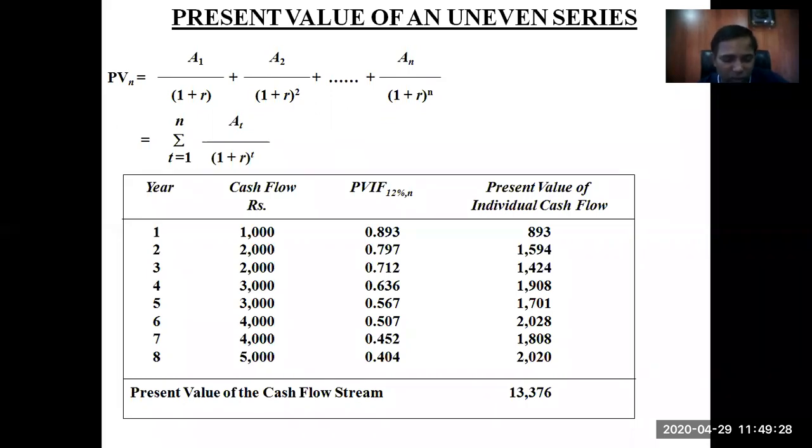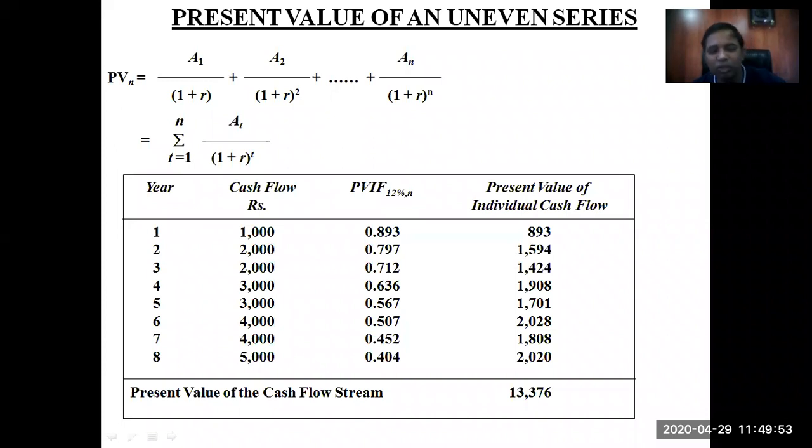Today let's say it is 1000, tomorrow it will be 2000, the day after tomorrow it becomes 500 and so on. So this kind of variation you may find. In that case, you need to calculate the present value interest factor for different times. You are able to see this is the present value interest factor at 12% for n years.